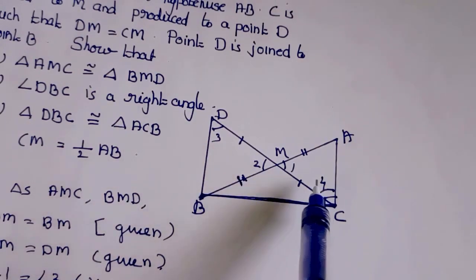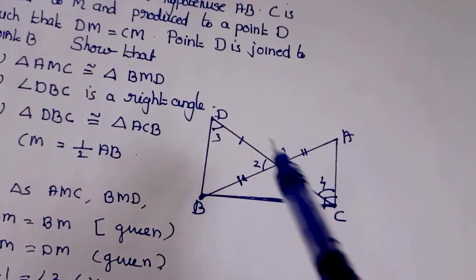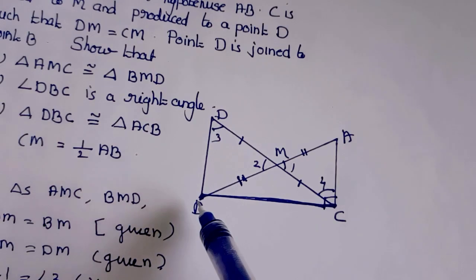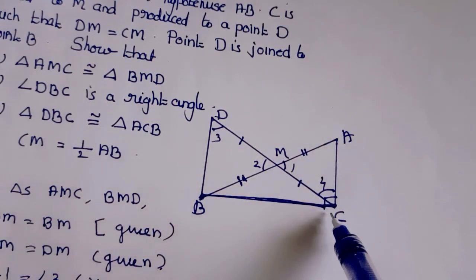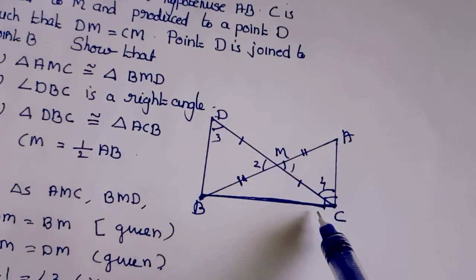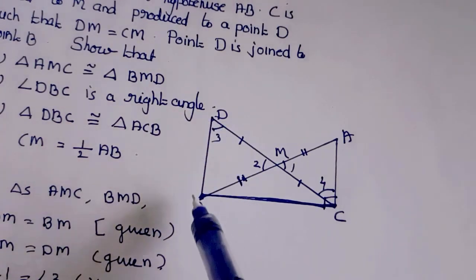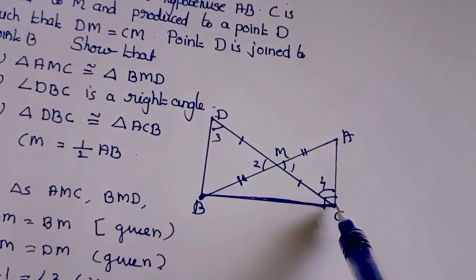That is, a pair of alternate interior angles are equal. Therefore, we get AC parallel to BD. But we have given that AC is perpendicular to BC. Therefore, DB is also perpendicular to BC. Hence, we get angle DBC equal to 90. That is the second part.